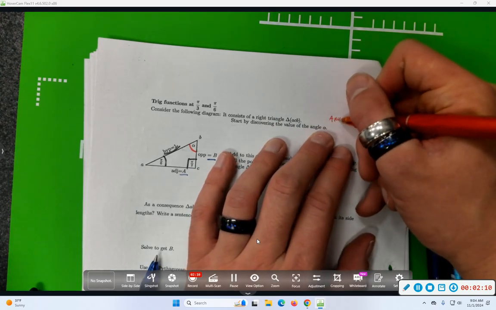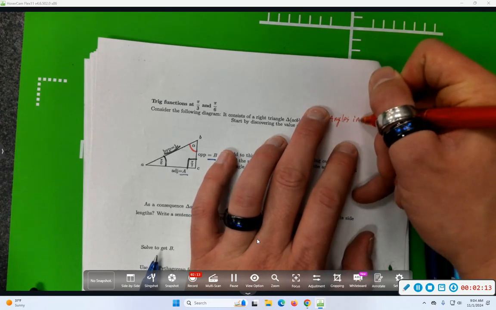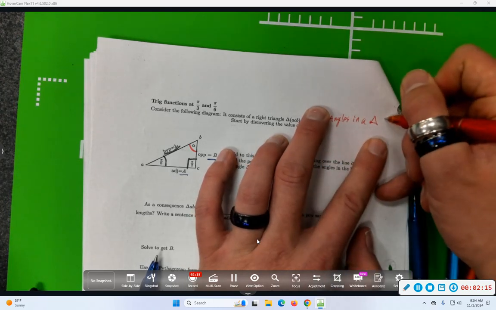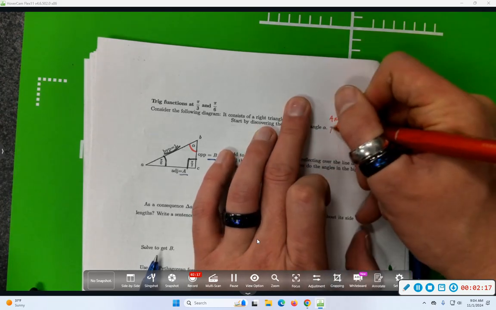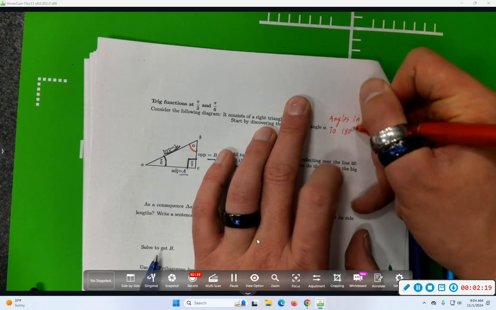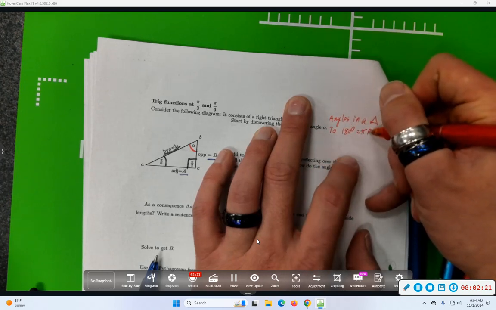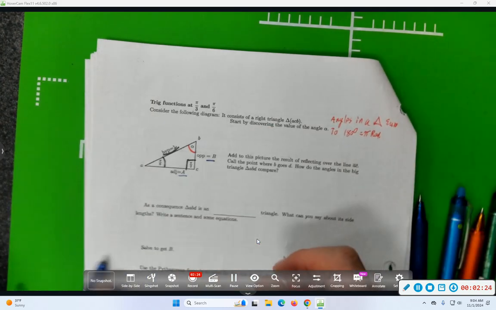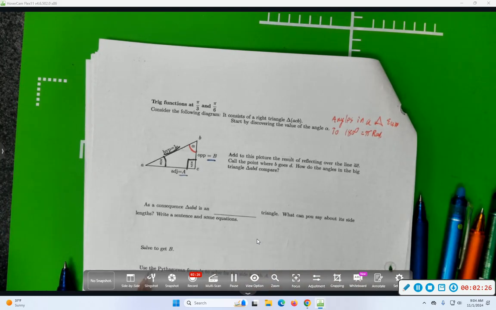So angles in a triangle sum to 180 degrees or pi radians. So that means we can write down an equation.